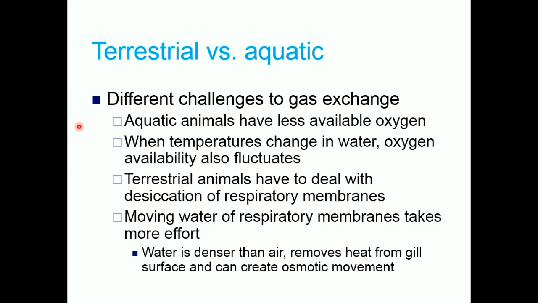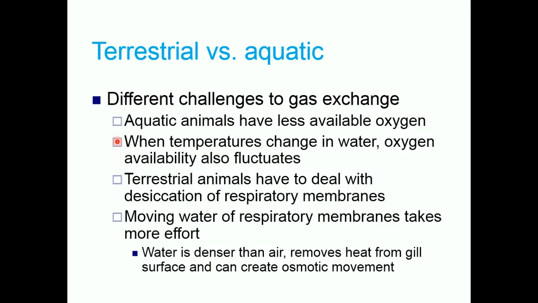Aquatic animals have less available oxygen, because the solubility of oxygen in water is low. I've talked about this previously. So the total amount of oxygen in the water is going to be lower than in the atmosphere.